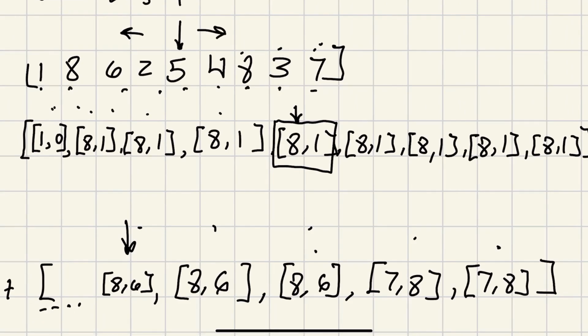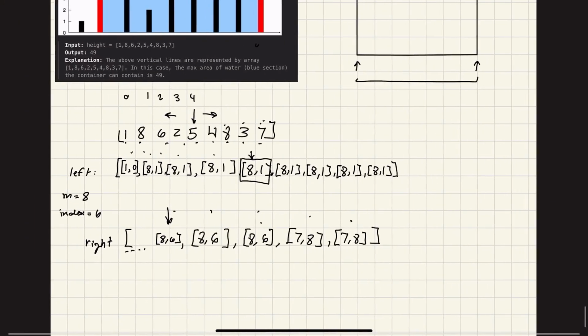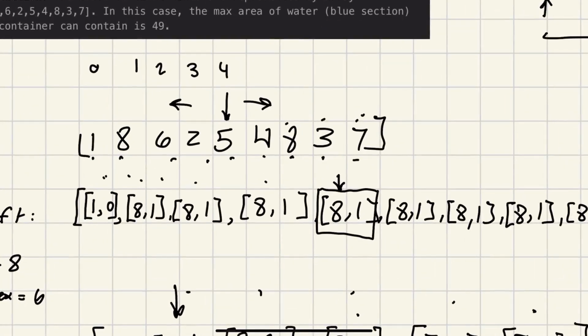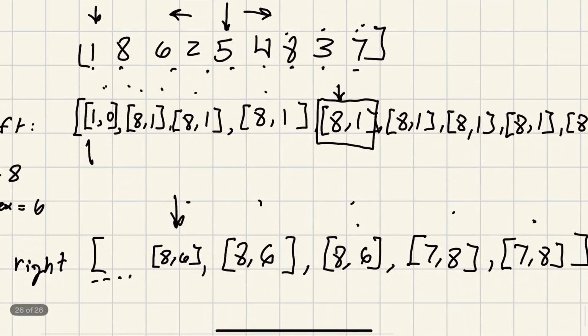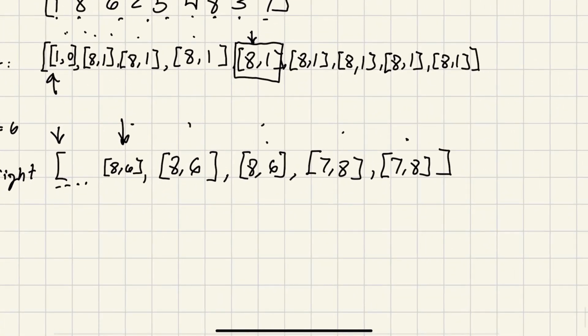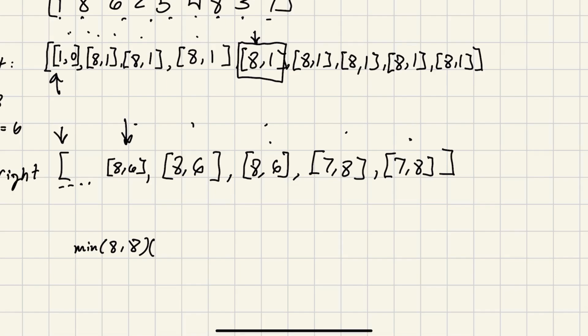And basically what you would do is iterate through every single position, take the corresponding left max and right max, and then take again the minimum between them. So in this case, it'd be the minimum of 8 and 8 multiplied by the difference in indexes, which is 6 minus 1, and this ends up being 40.